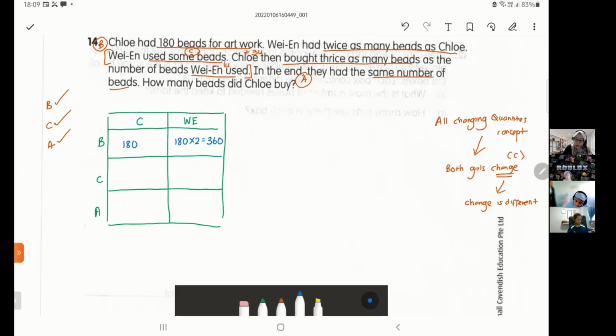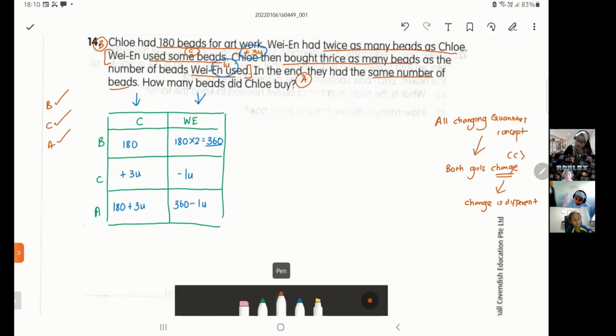Then Chloe bought thrice as many beats, so plus 3 units, this is the change. And then Wei-En minus 1 unit. Then all you have to do is go down the column: 180 plus 3 units, and 360 minus 1 unit.